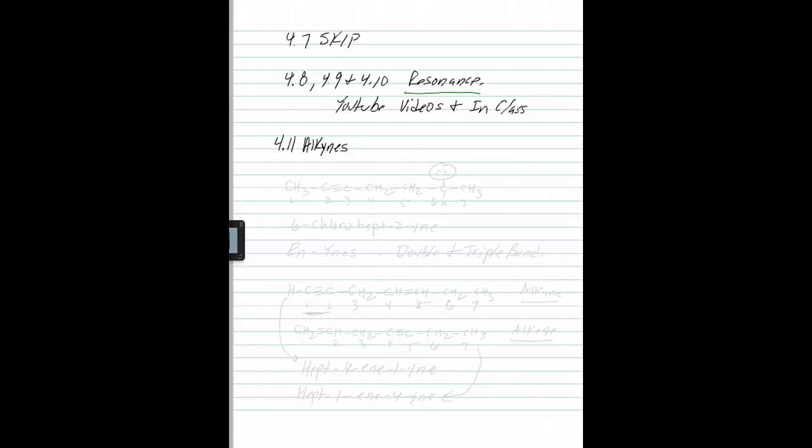What I do highly recommend you do is go and find YouTube videos on resonance. Just type in resonance organic chemistry. Watch the video so you have an idea of what it's about. You should read the book about resonance, but it's very important, and we're going to be using it quite a bit.